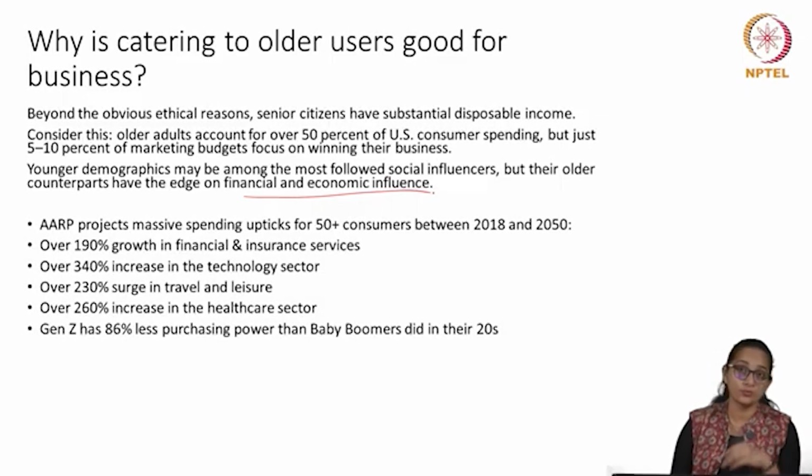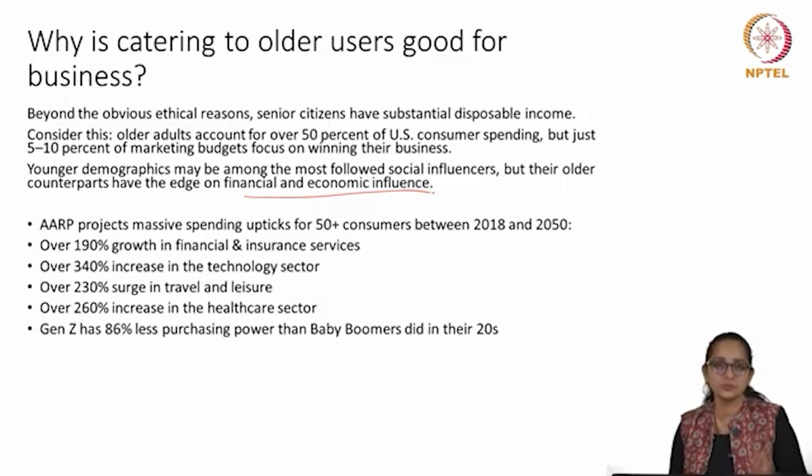Today, with the not so flourishing economy, and of course the inflation, the purchasing power of younger adults is comparatively lesser than people who are now in their 70s or 60s had in their 20s, which was more economically flourishing times for the US economy particularly, which was the 60s and the 70s.